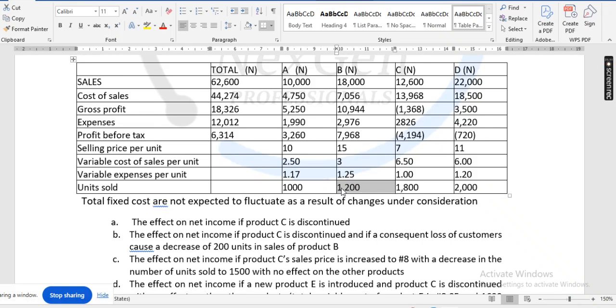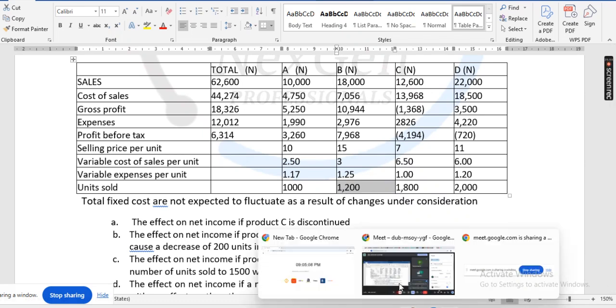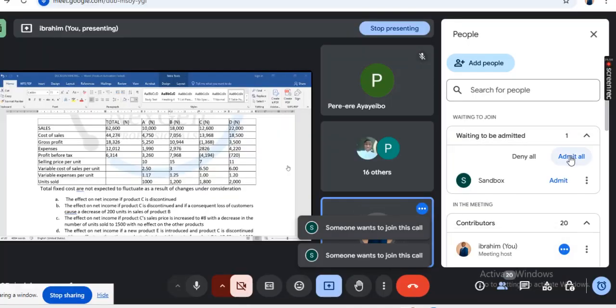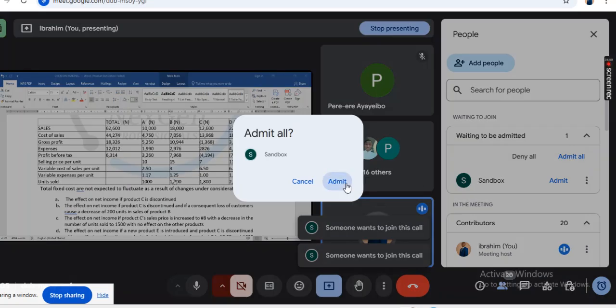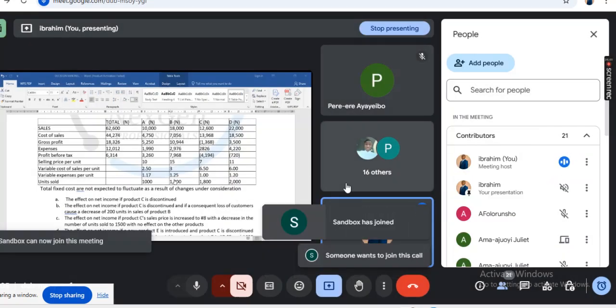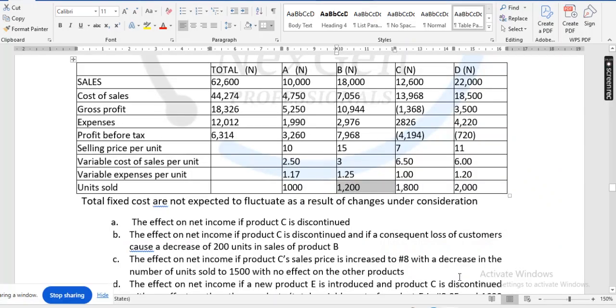And at the end of the day, they've discontinued product C. So this means that they may likely lose some customers, and by extension, it will reduce their profit, and that is what it means. Now, in this case, I will reduce the sales in units by this amount. Then I will say, what will be the effect?